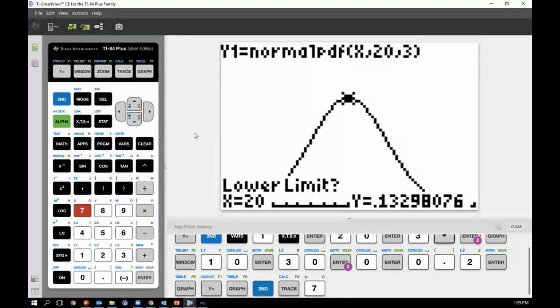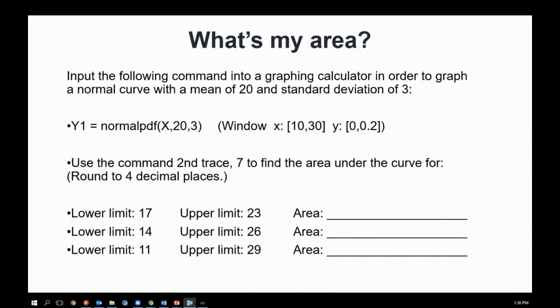Then does it ask you for the lower limit? Okay. So what does the paper tell us to do for the first lower limit? For that first blank. 17 and 23.